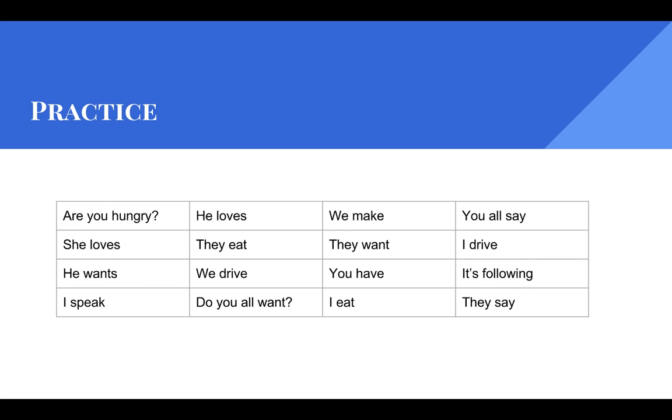So let's do a quick practice. We've covered a lot of information. If you want to go back and use some of the grammar charts, please do. I think the trick to memorizing things is just seeing it enough times, not just giving yourself a headache hoping that your memory will remember what you were looking at.